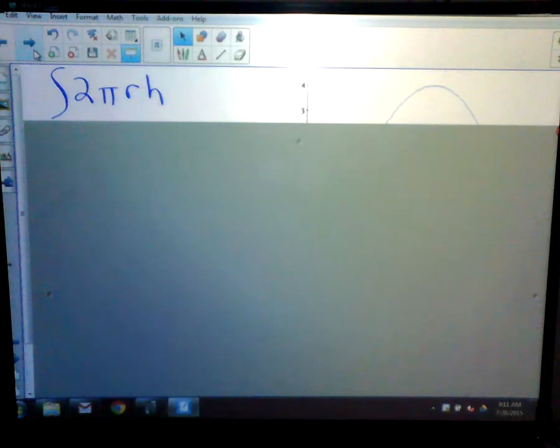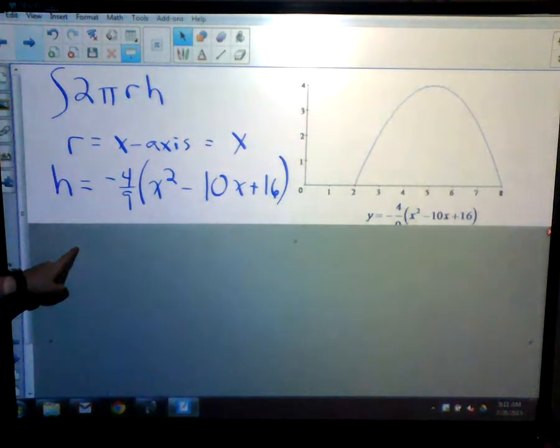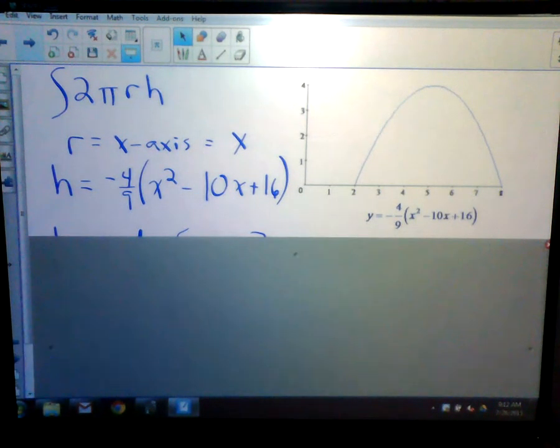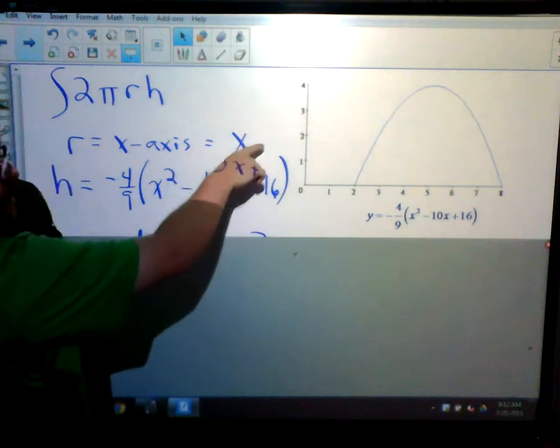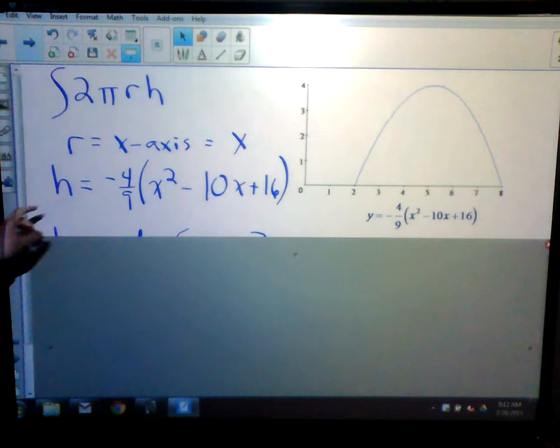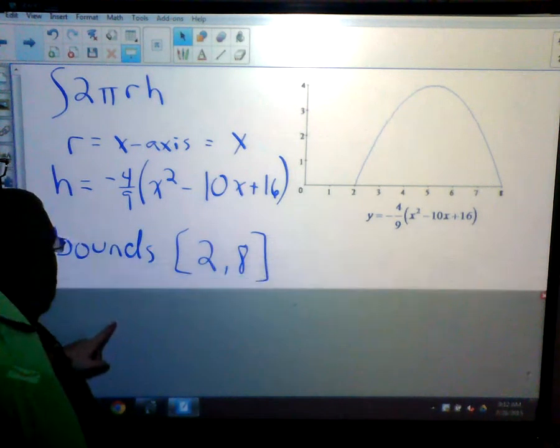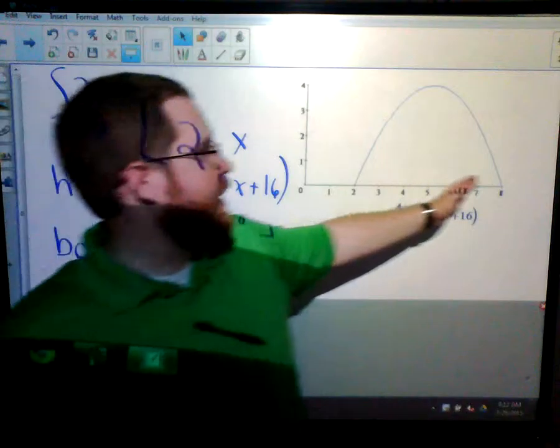Shell method says 2 pi RH. Well, r, if I want to go around the axis, I said the y-axis, so just 0, x minus 0. H is just the function. And my bounds are from 2 to 8.